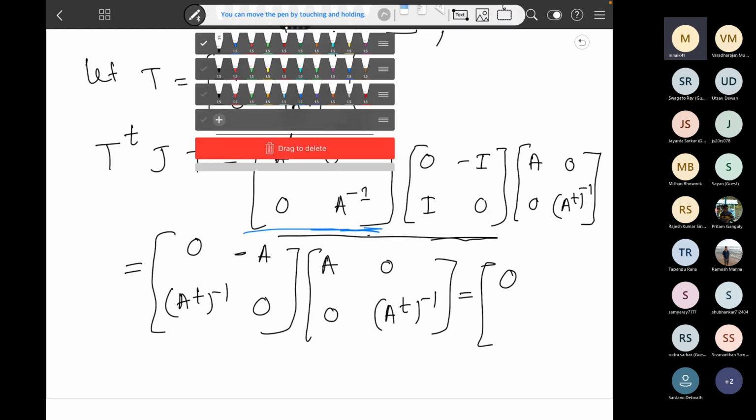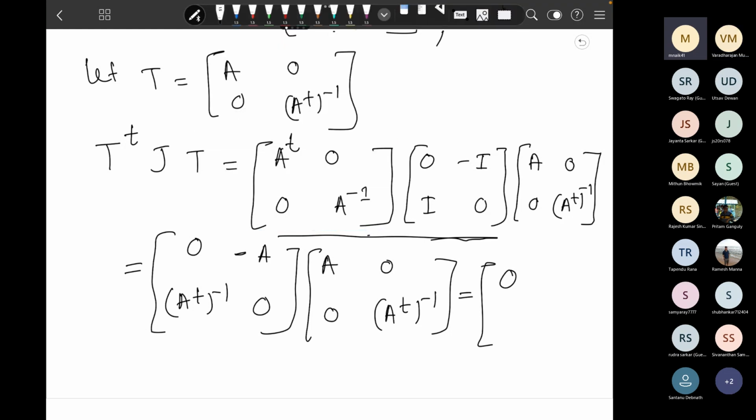So I have to calculate the first thing. The first thing is A transpose, so this is 0, this is minus A transpose, and this will be A inverse.